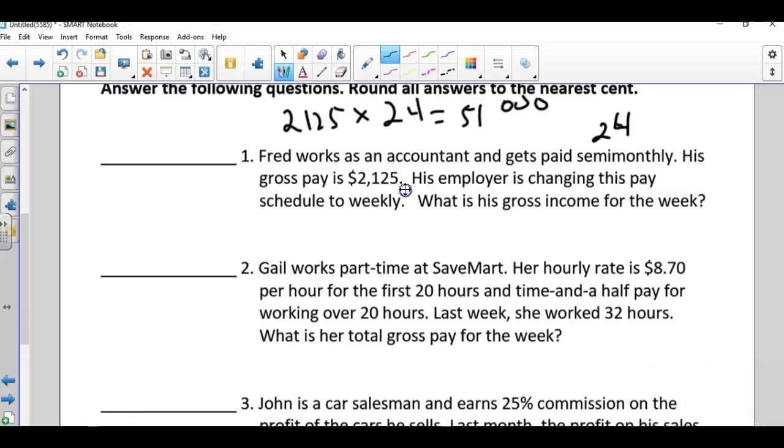Now we know it's weekly, so this is his annual pay, $51,000. If I take $51,000 and divide by weekly, which is 52, it's going to give me $980.77. This is his new weekly pay.